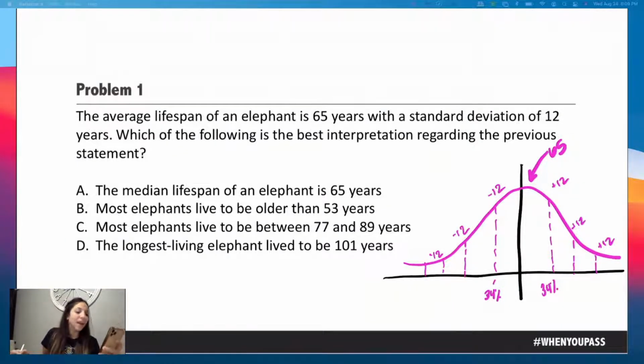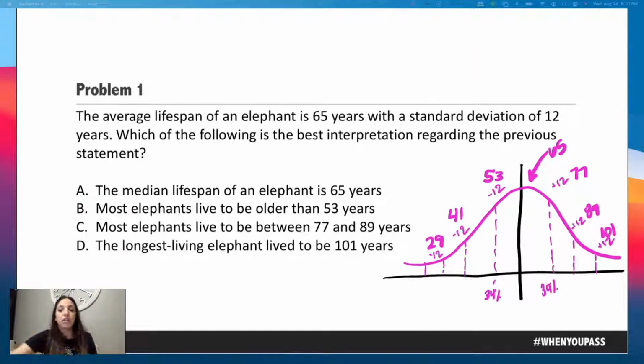So if I use my handy dandy calculator, 65 plus 12 gives us 77 here, 89 here, and 101 here. Then if I subtract 12 from 65, I get 53 for this data point, 41 for this data point, 29 for this data point.